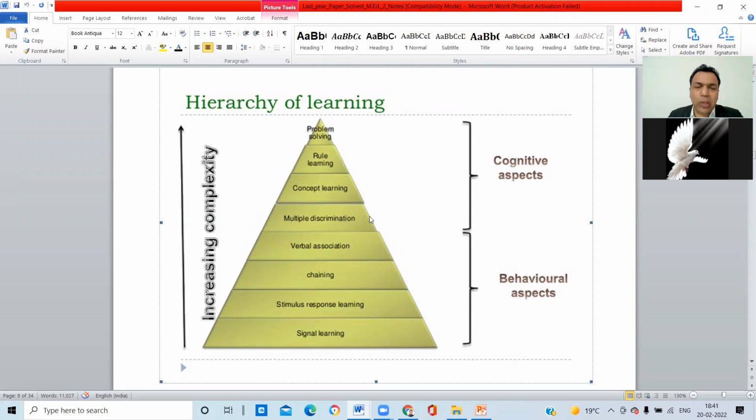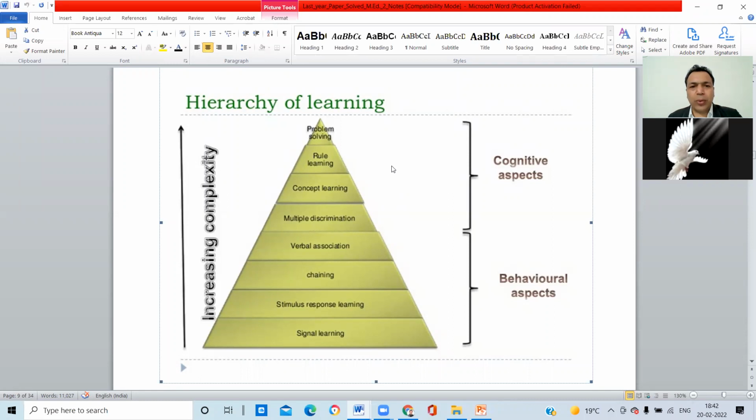So this is stimulus response learning, like Thorndike's trial and error theory of learning. You have done it in M.Ed. and B.Ed. also. These are all behavioral learning, behavioral aspect, and these four are the cognitive aspect.